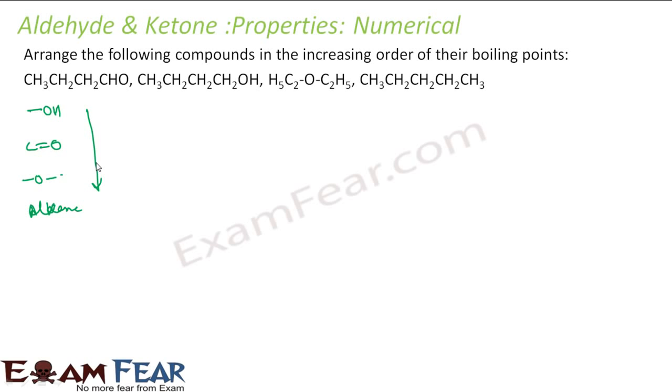So which is alcohol? This is my alcohol. So this guy will have maximum boiling point. So let me write this first here. 1, 2, 3, 4 and OH. This is the maximum. And then I have aldehyde or ketone. So I don't have ketone, I have aldehyde. So let me put this aldehyde.